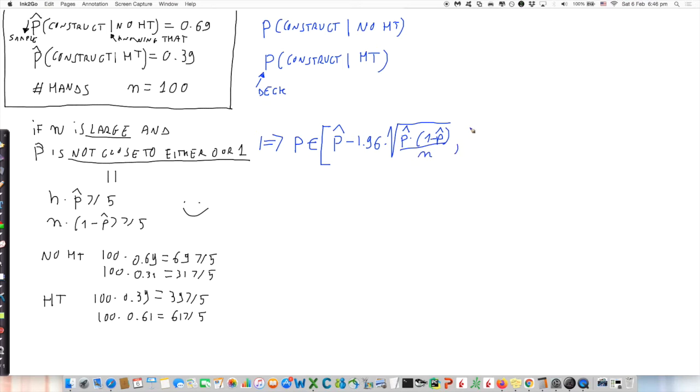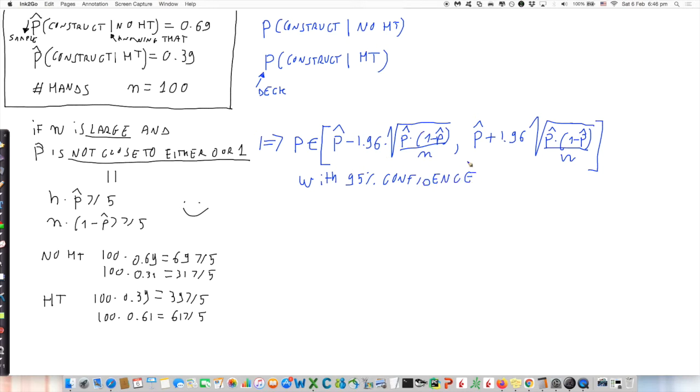So this is the lower end of the range, and the upper end is actually the same, but we use plus instead of minus. Okay? So let me write the whole formula and then we comment. And this is with 95% confidence.